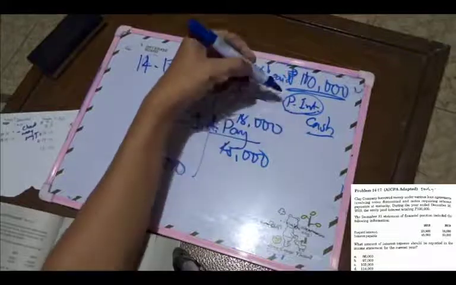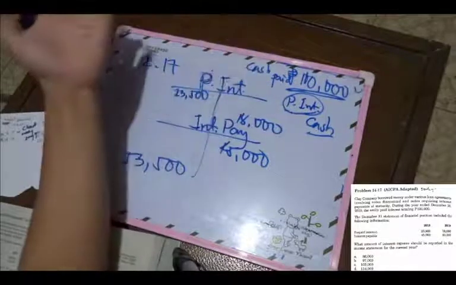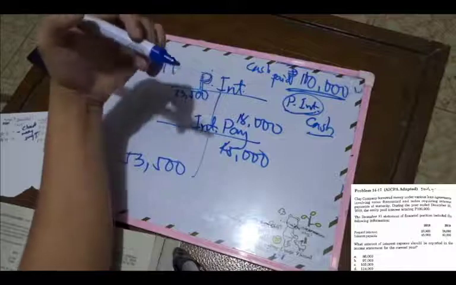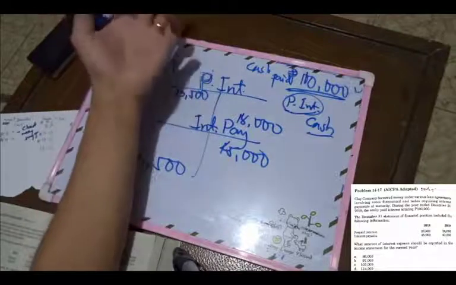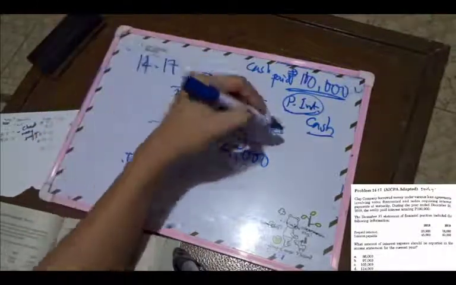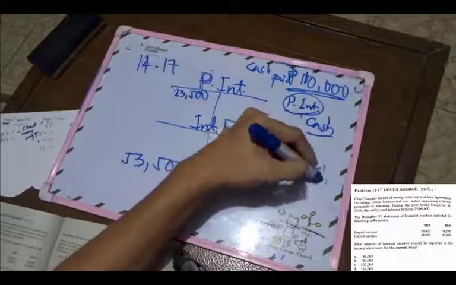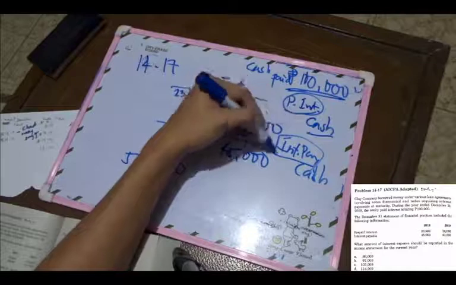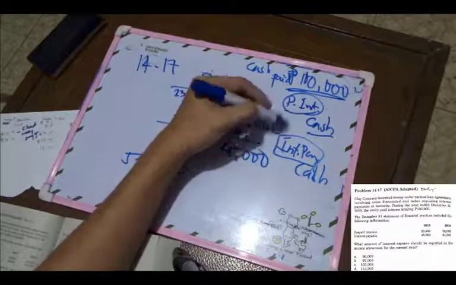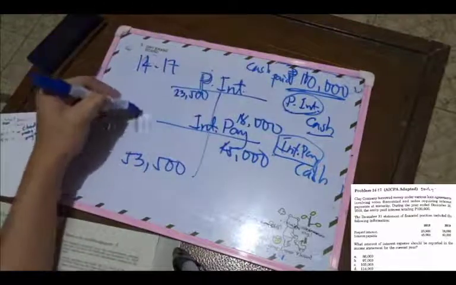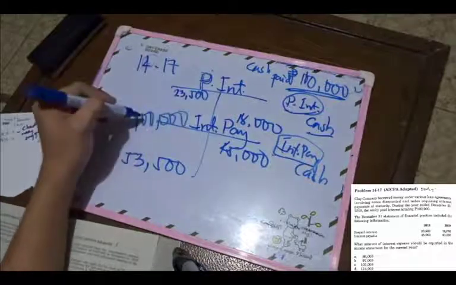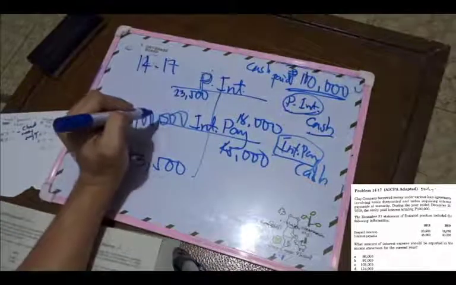If you want to confirm, just think, what would be the journal entry if you pay an interest payable? So debit interest payable, credit cash. So if you will notice, both accounts are on the debit side. That would mean this 100,000 should be written on the debit side.